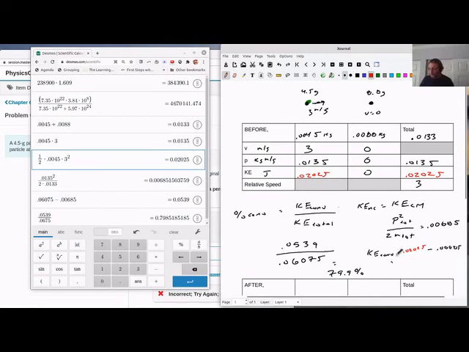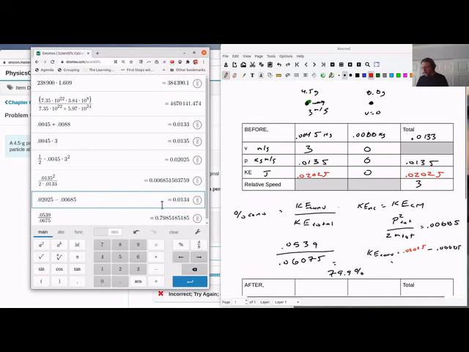So 0.02025 minus 0.00685 is 0.0134. Okay. So that's the difference between the total and the non-convertible.